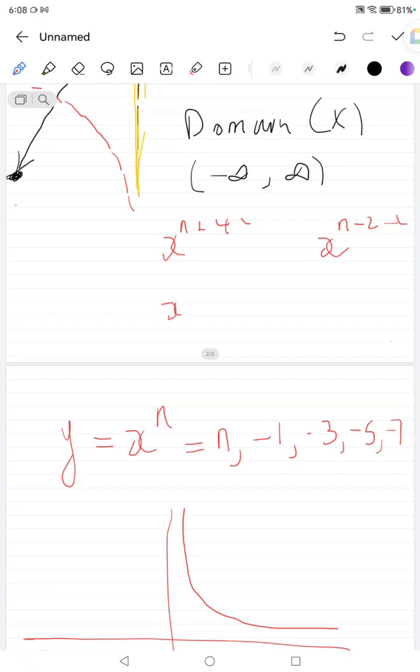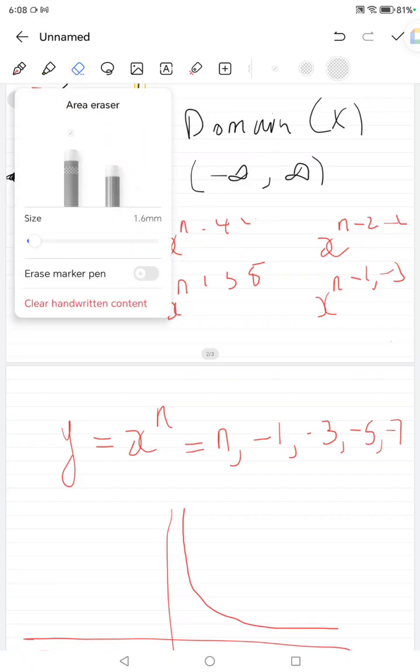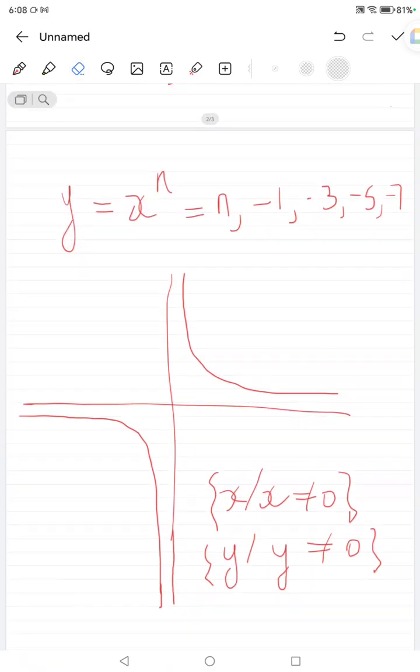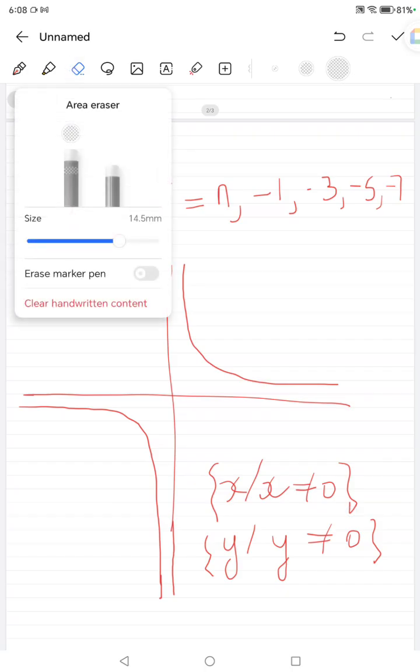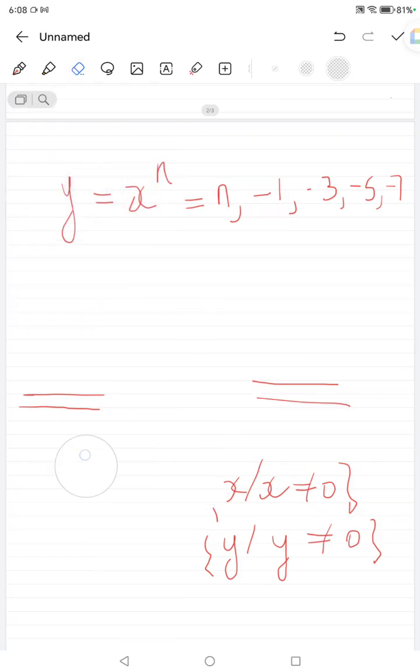This side we had our cubic graph, where n is equal to 1, 3, 5. Then this side we had its reflection, where we had x to the exponent n, then the -1, the -3, and so on. So is it the last one? There is still one that you have to know.